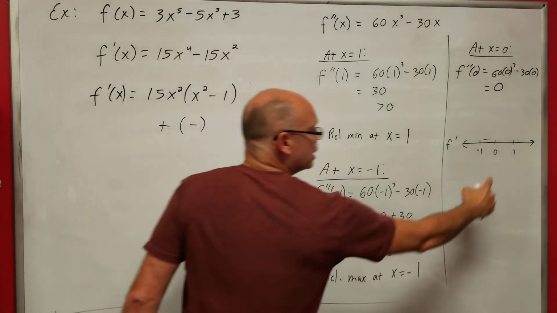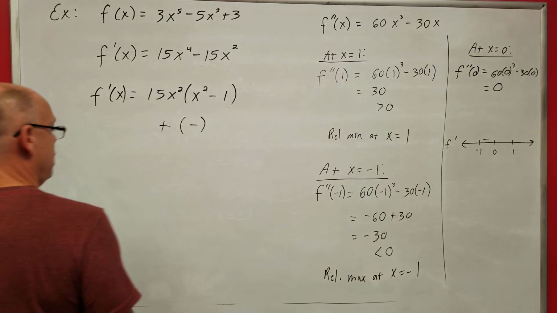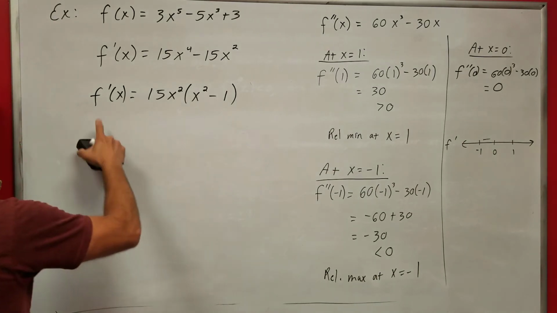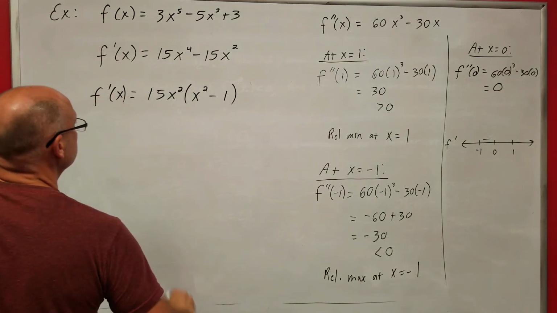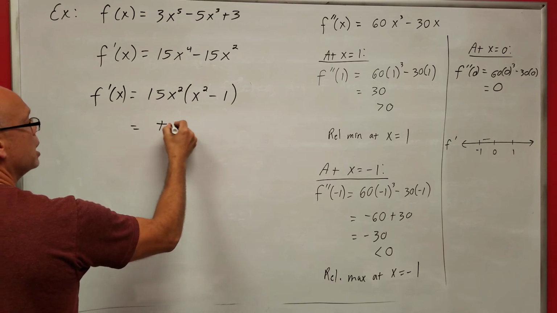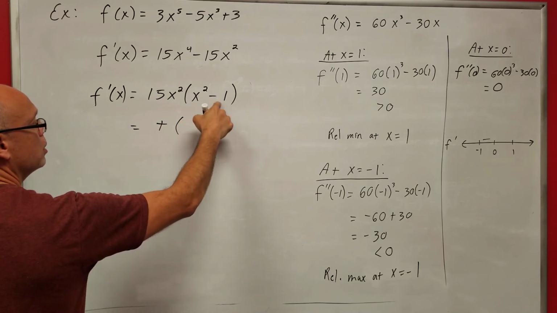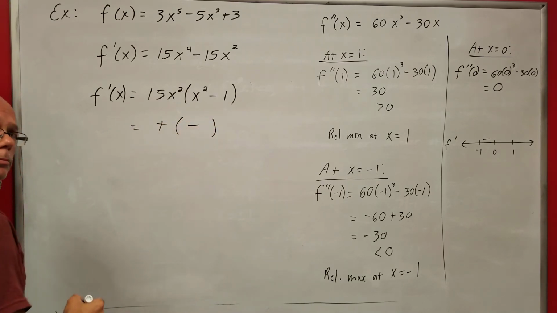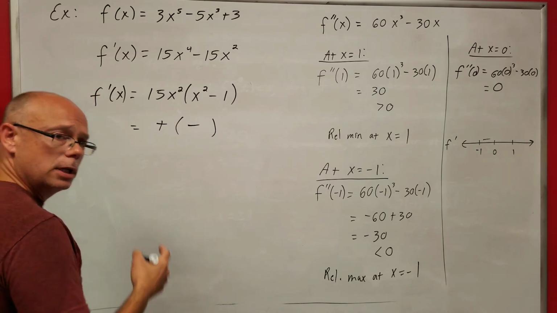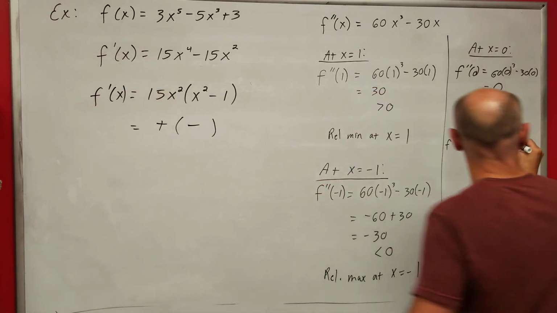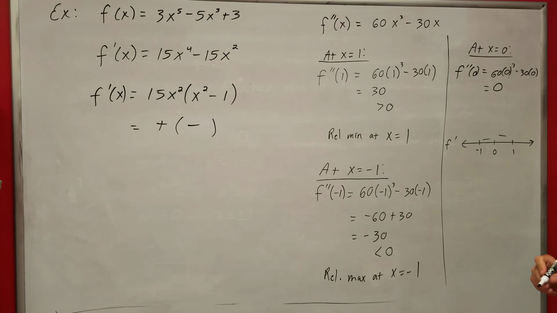How about a test value over here, like 1/2? Let's run that through my first derivative. And I'll get a positive here. How about here? What will I get? Negative. What's a positive times a negative? A negative, right? So what does that say f does here?